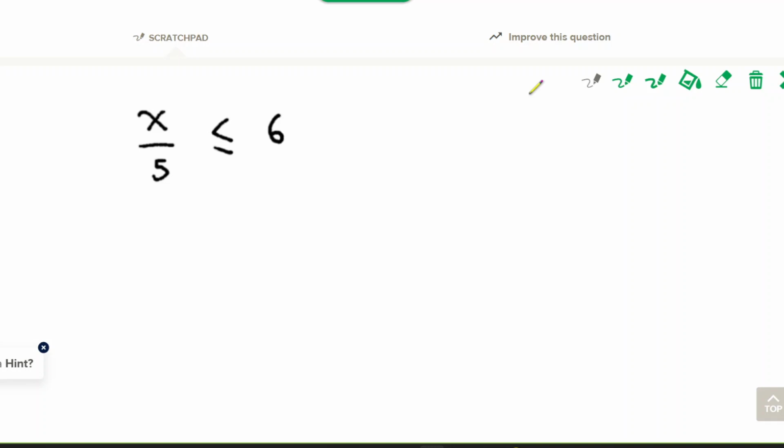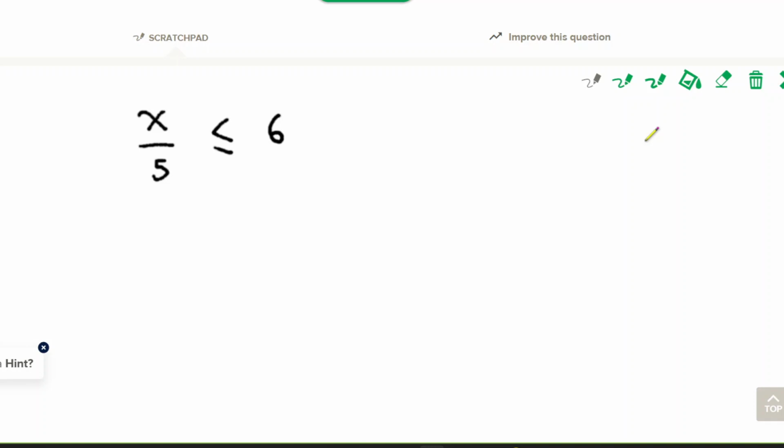Now, the way you solve a linear inequality, this would be considered a linear inequality because our variable here, x, is to the first power, and it's not in a denominator. It's not in any special symbol, so this would be considered a linear inequality.